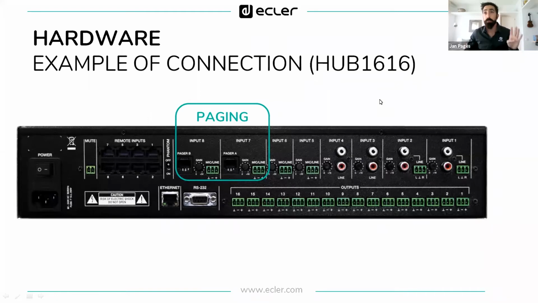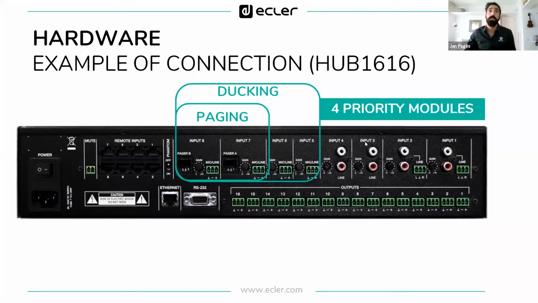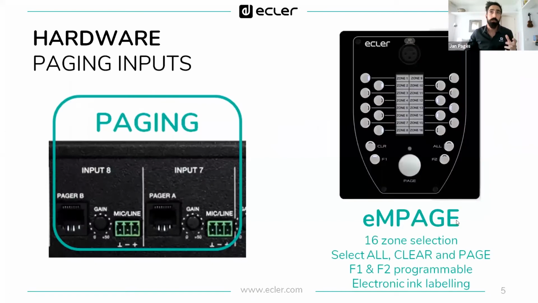We have 4 modules of priority, so the other 2 inputs are for ducking purposes, making a total of 4 different priorities between ducking and paging. What we use for paging is our paging station, EM-Page, a paging station with 16 zones, buttons for selecting all, clear, paging, and even a couple of programmable buttons.